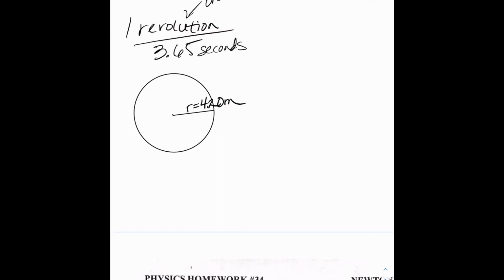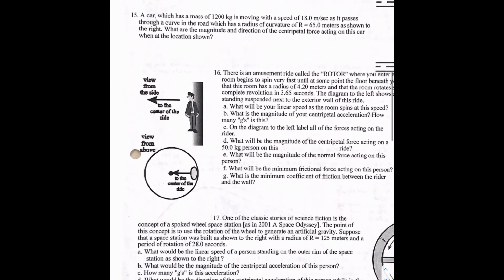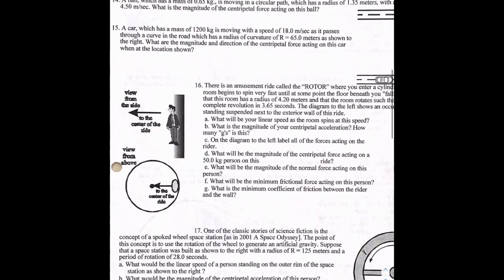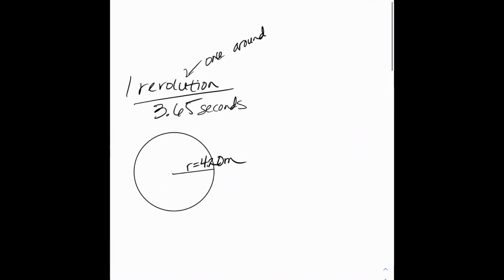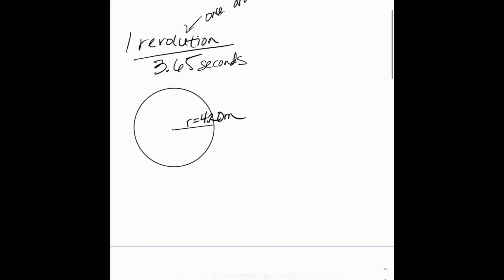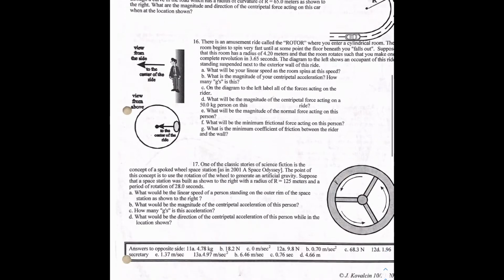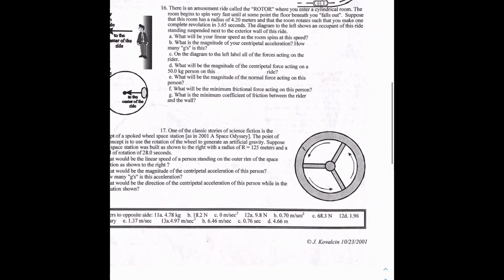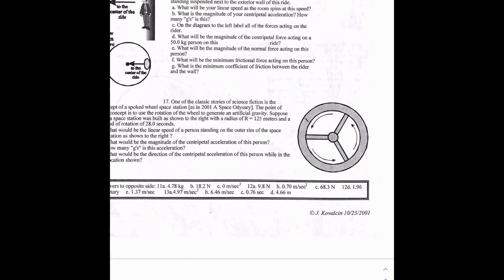And, okay, so one revolution per 3.65 seconds. Okay, so we're good so far. Let's see what else we got here. The diagram to the left shows an occupant of this ride standing suspended next to the exterior wall of this ride. What will be your linear speed as the room spins at this speed?